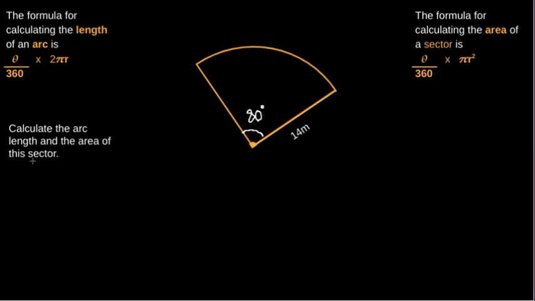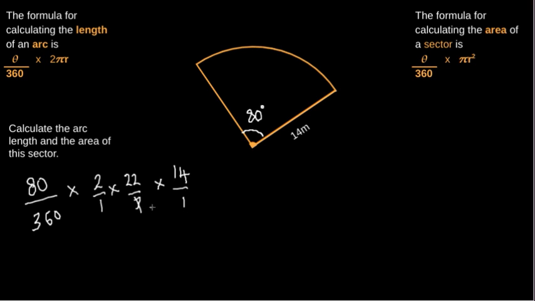Okay, so we have 80, that's for the arc length, 80 over 360 times 2 over 1 times 22 over 7 times 14. Good. Okay, let me put over 1 here.